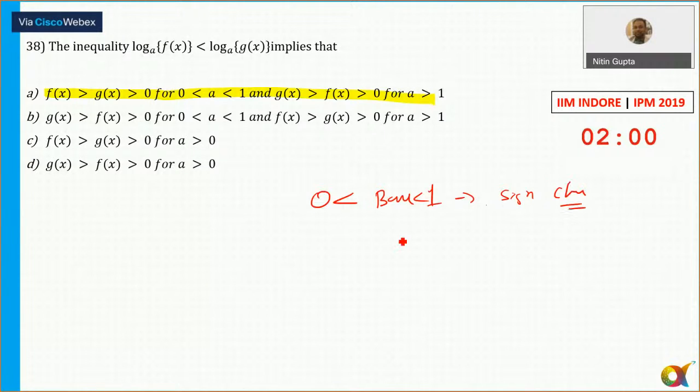And if the base is greater than 1, my sign will remain the same.